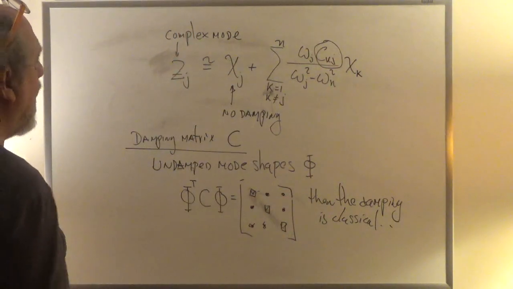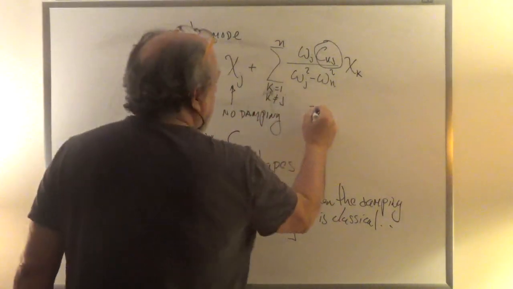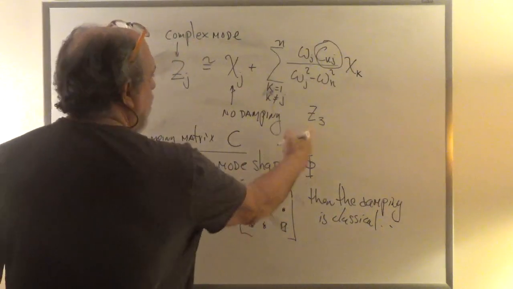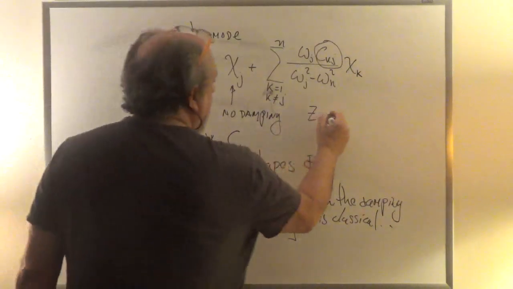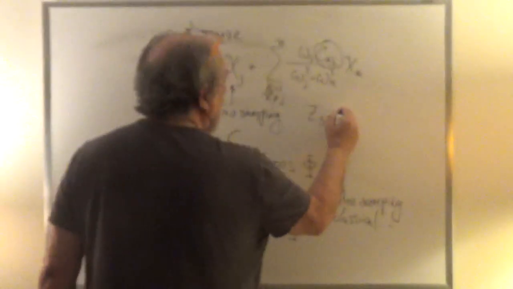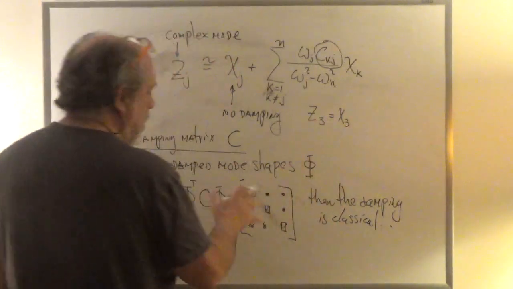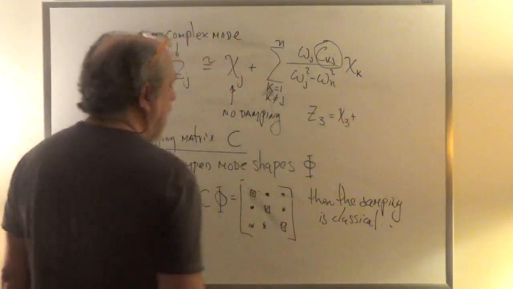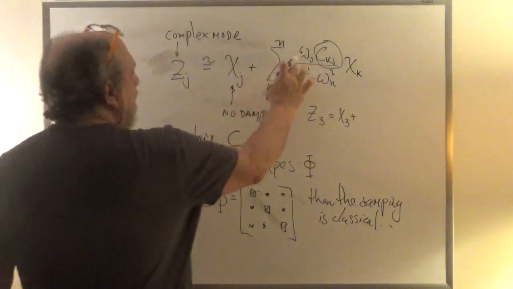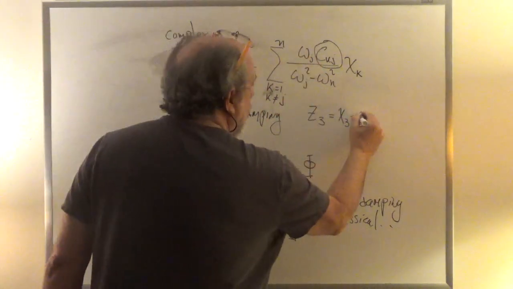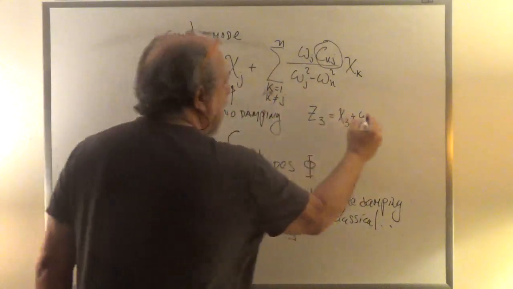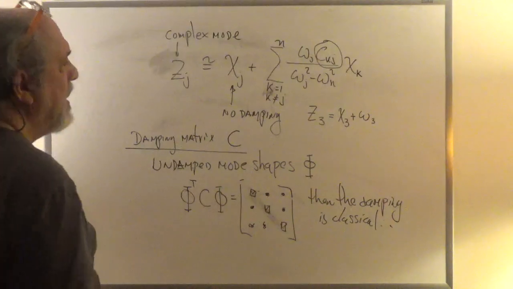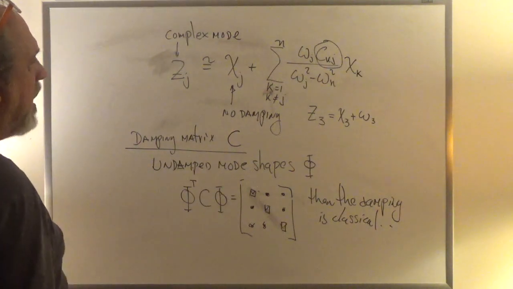So if we are looking, for example, at mode shape number 3, let's say this is 3 by 3, I'm looking at the third complex mode, then this says that this would be equal to the third real mode, just using K and N, plus, right? Then I would come here and say, what am I doing? My J is 3, so I need to take omega 3 and multiply it times C_kj.